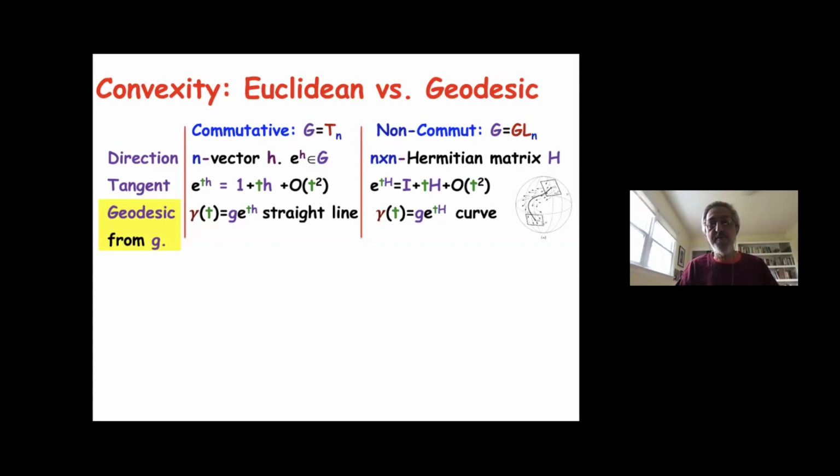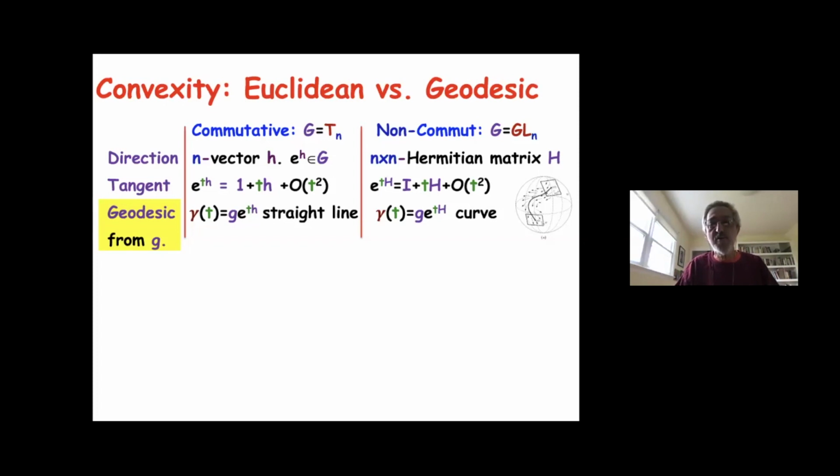In curved space, you get a curved line. But the point is that these are the shortest paths in the appropriate spaces. A geodesic is the shortest way to get between 2 points. In the non-commutative case, these are not all geodesics, but these are all the geodesics we need.